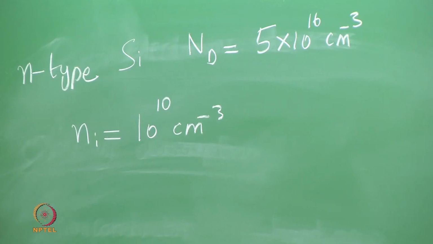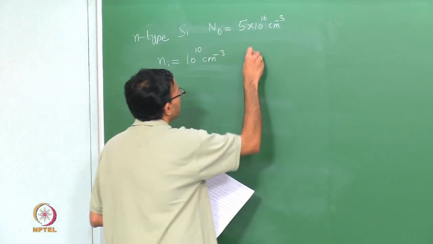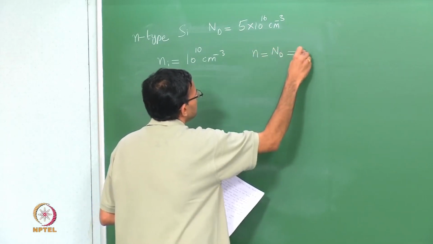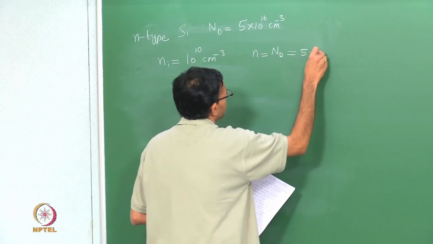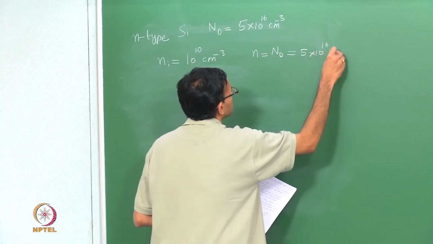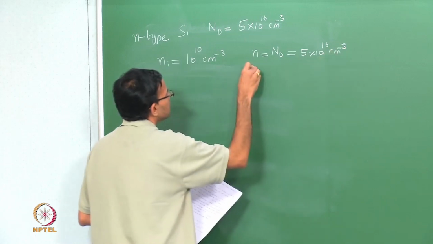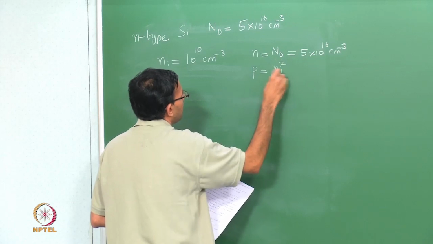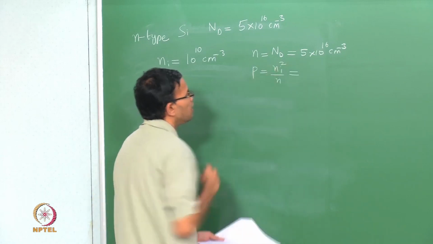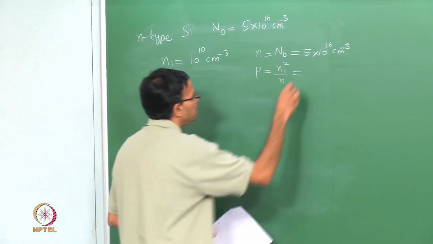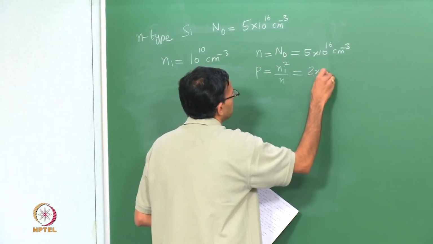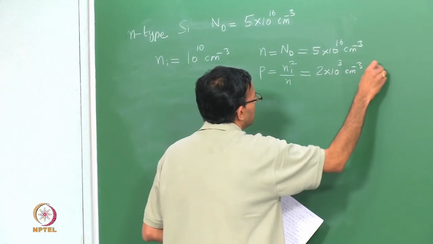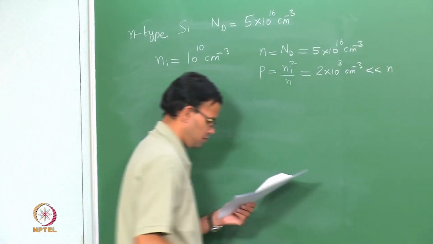So, if you have the semiconductor in equilibrium, we know that n is equal to Nd, which is 5 times 10 to the 16. p is just ni squared over n, and if you do the numbers, p is just 2 times 10 to the 3, which is much smaller than n.